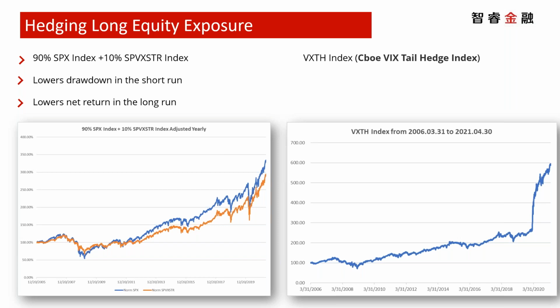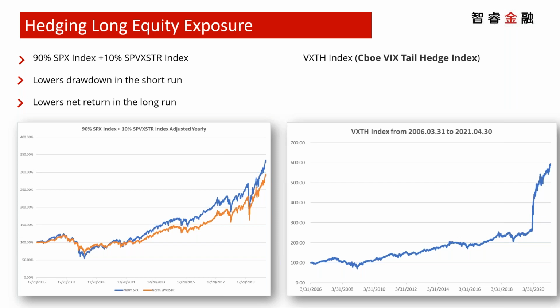On the left hand side, it's more a kind of static hedge. So I use both indexes, and I do not really need to go into the specifics of each volatility fund. You combine 95% of the SPX index and invest 10% of your notional into the SPVXSTR index.